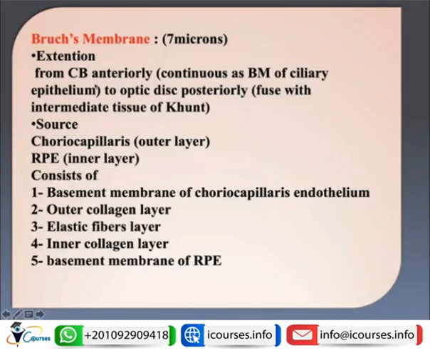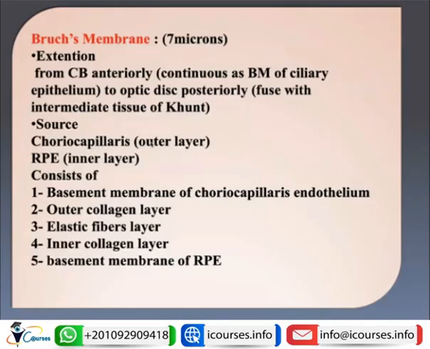It extends from the ciliary body anteriorly to the optic disc posteriorly, and here we have some connections. Bruch's membrane is continuous anteriorly with the ciliary body as the basement membrane of the ciliary epithelium, while at the optic disc posteriorly, it fuses with what is called the intermediate tissue of Kuhnt.